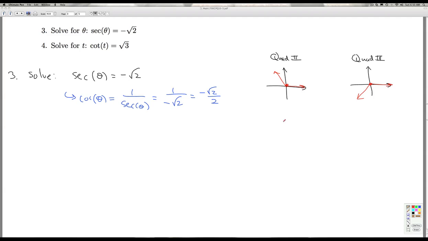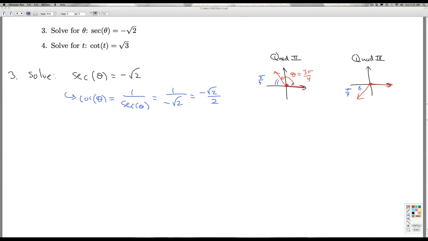Since the cosine is negative square root 2 over 2, I know that means the reference angle here is pi over 4, as is the reference angle here. So 1 quadrant 2 angle with the reference angle of pi over 4 would be 3 pi over 4.